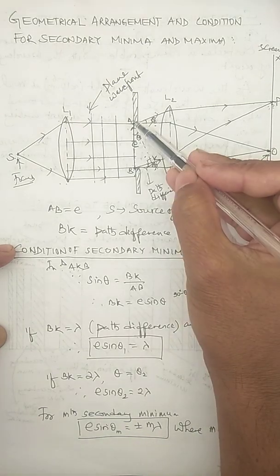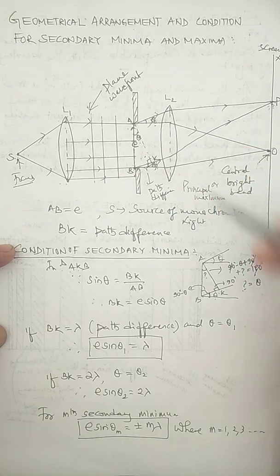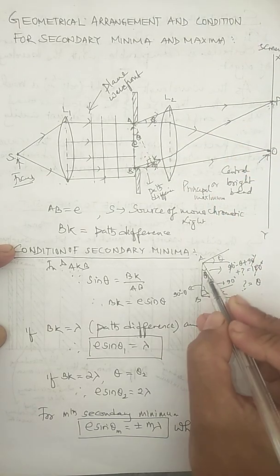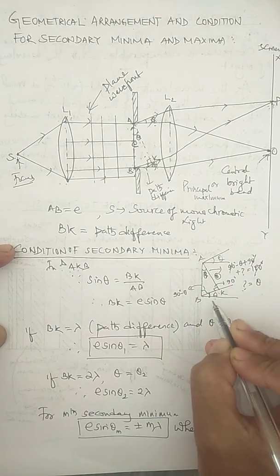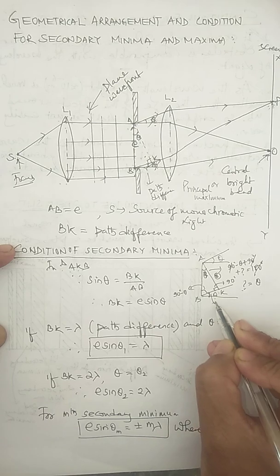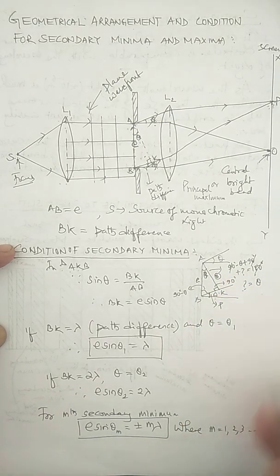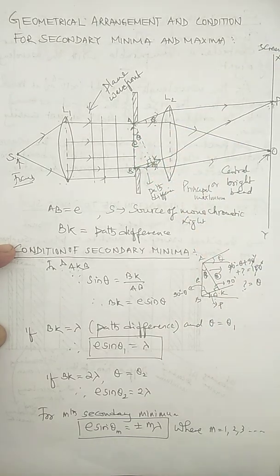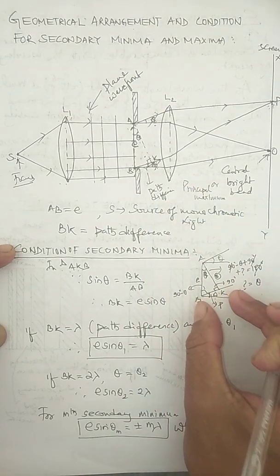So for that I follow this right angle triangle AKB. In this right angle triangle AKB, this angle is theta. AK is your base, BK is your perpendicular, and AB is your hypotenuse. Base, perpendicular, hypotenuse. We have to measure the perpendicular, because path difference means perpendicular.